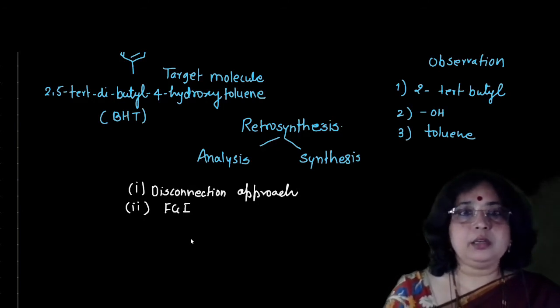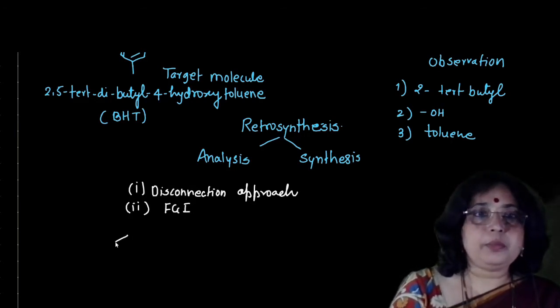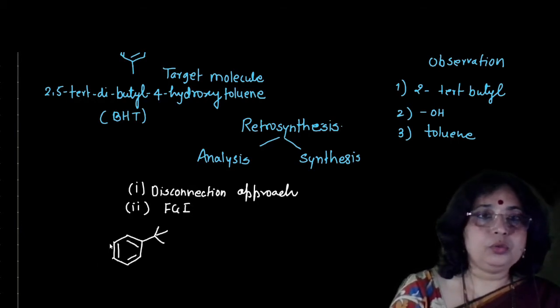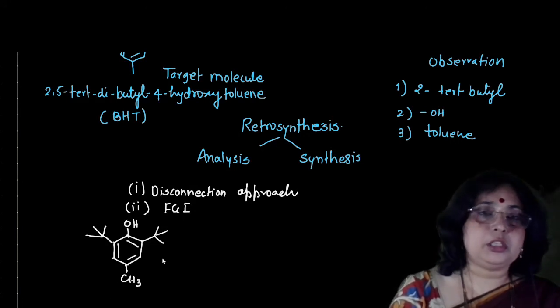Now let us try the first approach, the disconnection approach. Again, I am going to draw the structure of BHT. There are two tertiary butyl groups, one hydroxy group, and of course a toluene CH3.